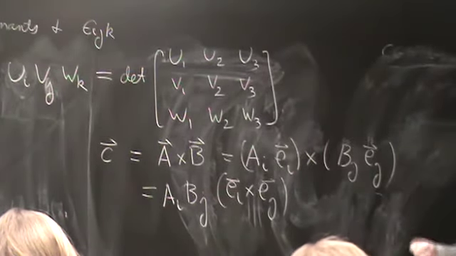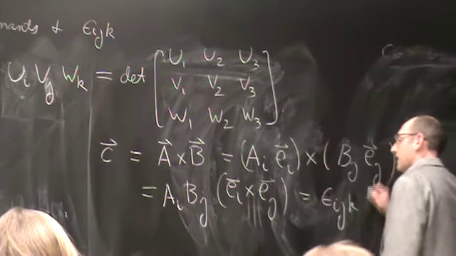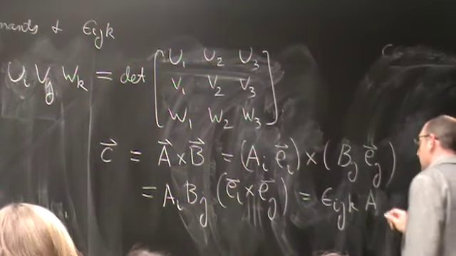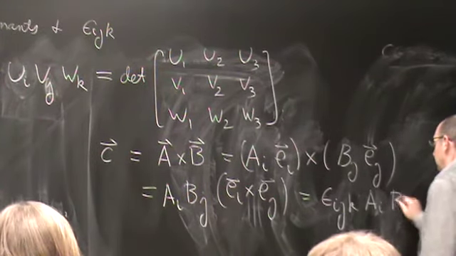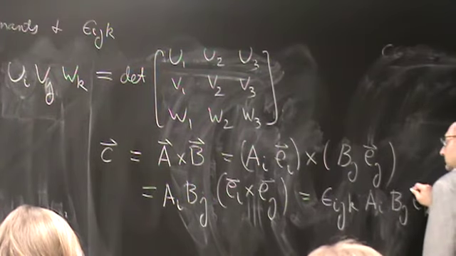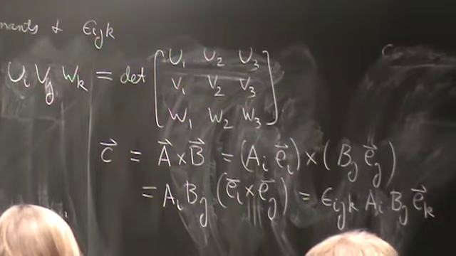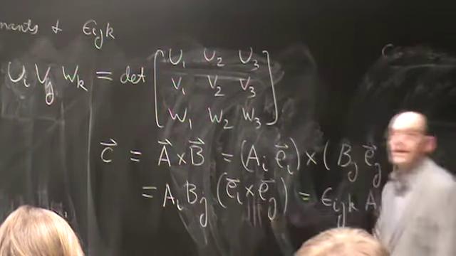And that we just said was equal to epsilon ijk e_k. Using the relationship here, this is epsilon ijk e_k.